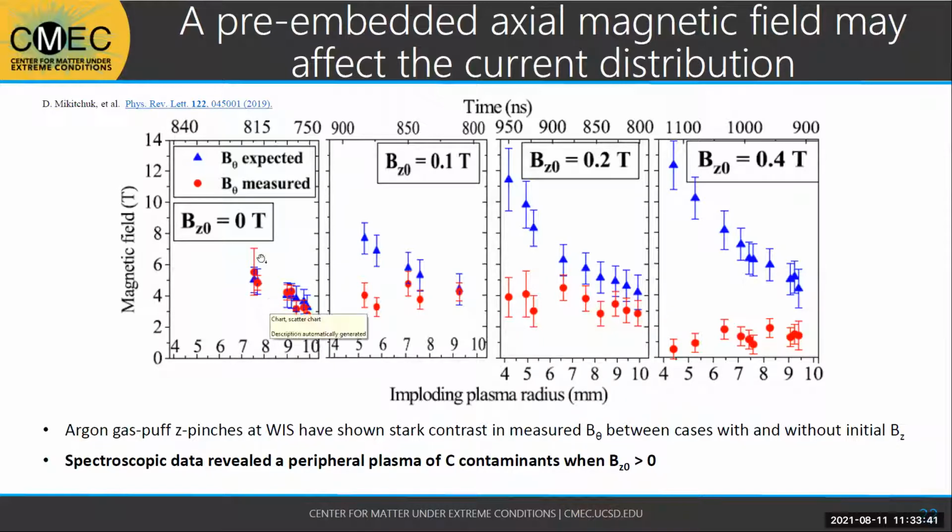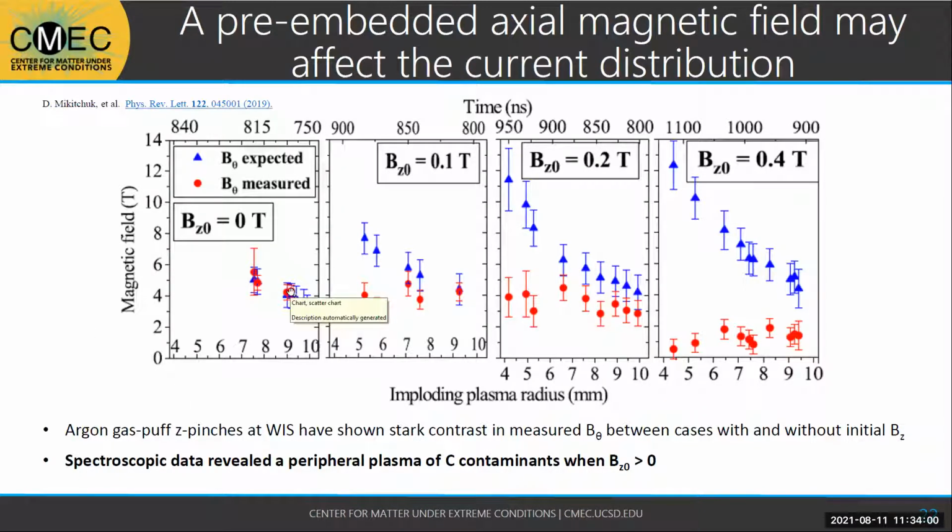The red dots are what they measured using spectroscopy, and the blue ones are a calculation of what they expect based on the actual machine current using the B dot, at the same location where the spectral measurements were made.